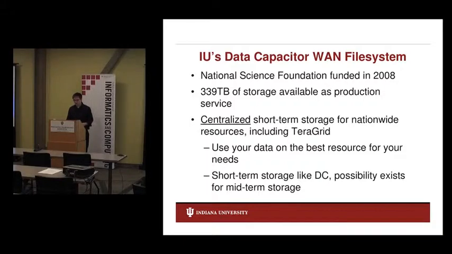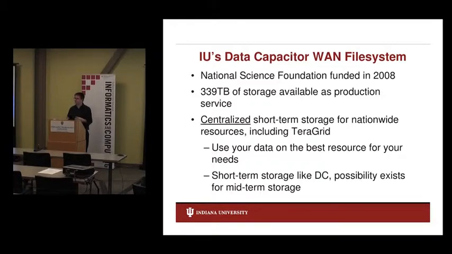It allows you to use the data as a resource that fits your needs. So in Scott Michael, the astronomer's example, he needs a large SMP machine. He needs a lot of memory, a lot of shared memory. So DC-WAN allows him to use the resource that fits his research needs the best. Just like the DC, this is for short-term storage.